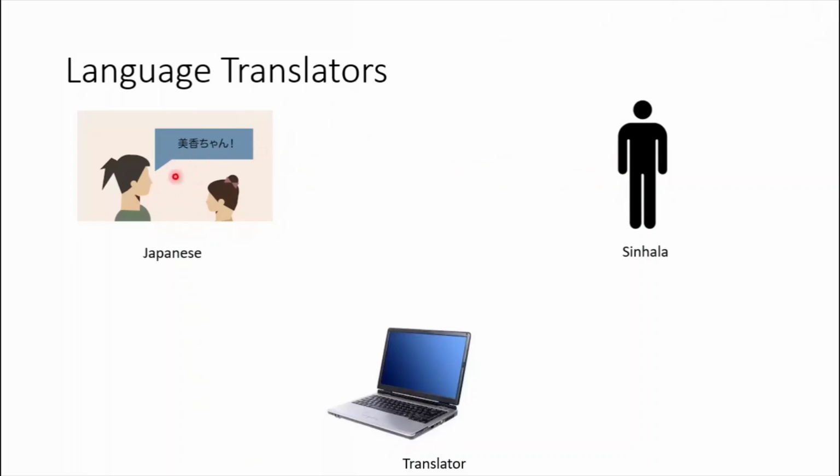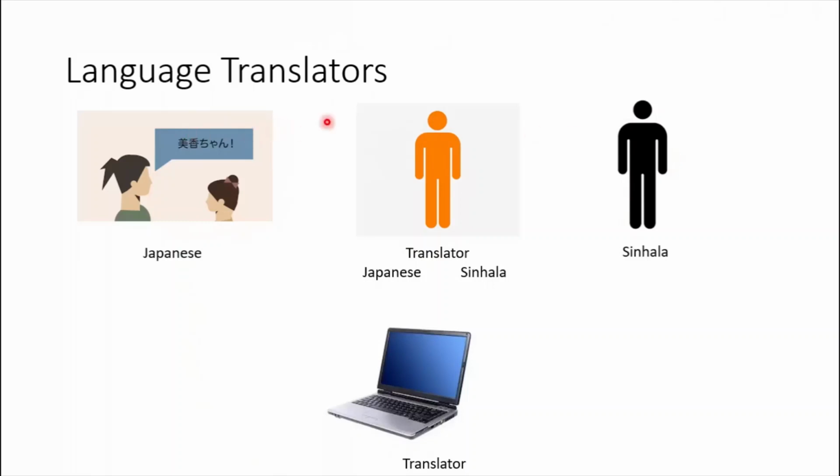This person speaks in Japanese, so the other person can't understand it, and this person speaks in Sinhala, so the first can't understand it. So the solution is we have to hire a translator who can understand both Japanese and Sinhala. This translator would understand Japanese as well as the Sinhala language.